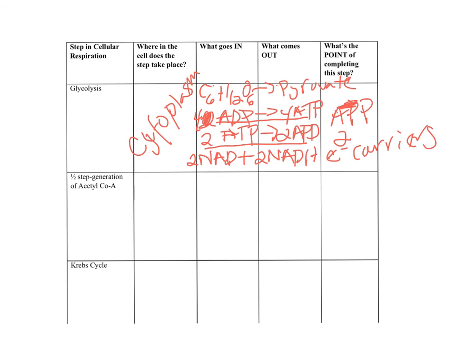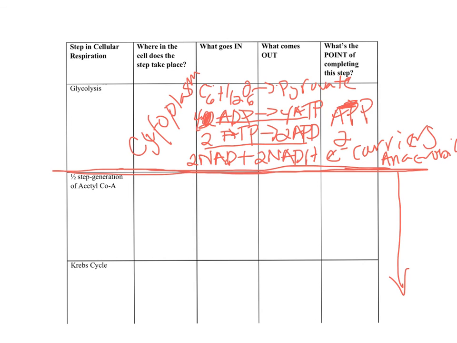Now, what is vitally important for you to understand, and you should probably draw a little red line here, is if there's no oxygen present in the cell, the process stops. This is anaerobic. The rest of cellular respiration requires oxygen to be present.